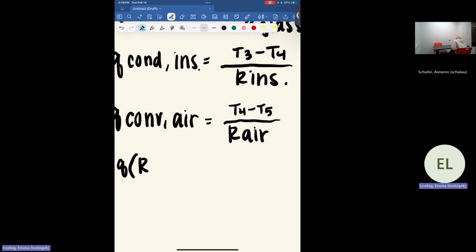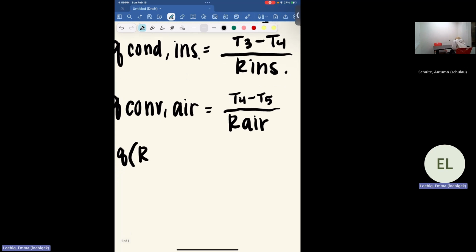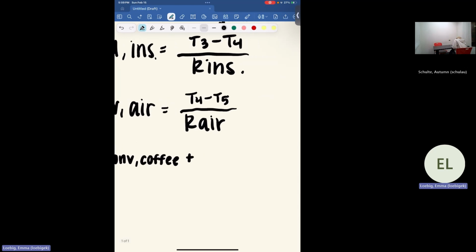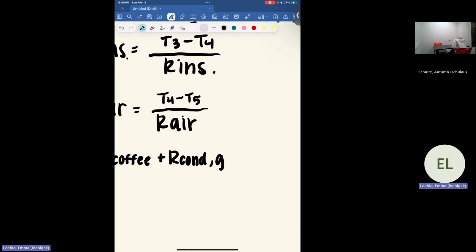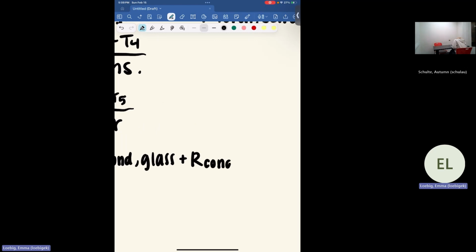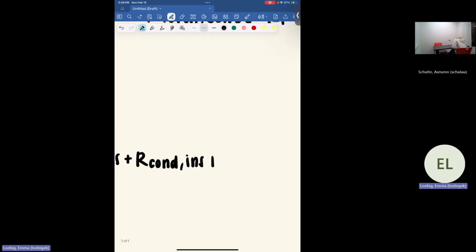So the thermal resistance due to convection through the coffee, plus the thermal resistance from heat loss via conduction through the glass, plus the thermal resistance from the heat loss via conduction through the insulation, plus the thermal resistance from heat loss via convection to the air.